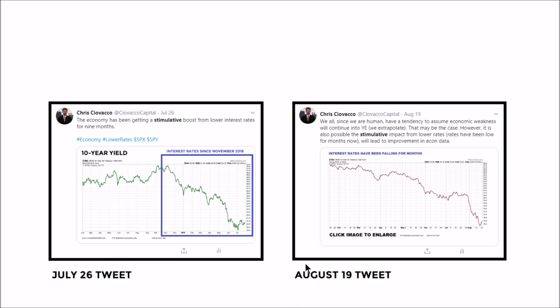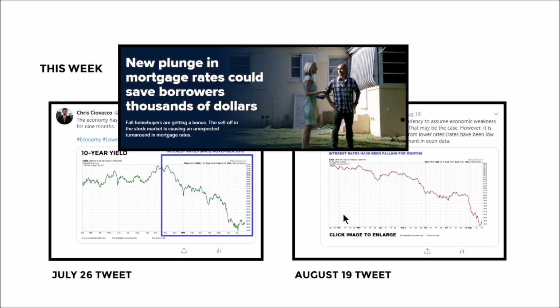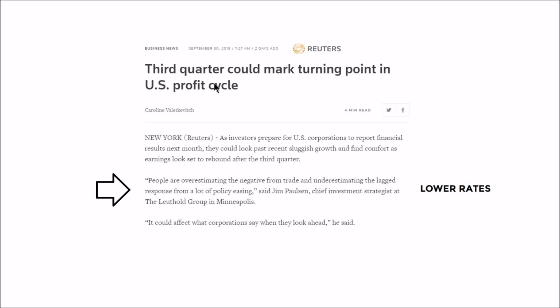In July and in August, we noted that interest rates had been lower for a considerable period of time, and thus we should keep an open mind about economic data improving. Here's an example. This week, this headline appeared on CNBC. Reuters article dated September 30th: Third quarter could mark turning point in U.S. profit cycle.